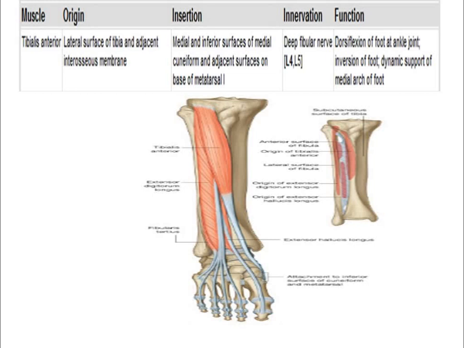Also, you must have seen that the foot is not a flat single structure. You must have seen your wet footprint is arched. There's a medial longitudinal arch and a lateral one. This muscle is attached medially out here, so it helps in supporting the medial longitudinal arch of the foot also.